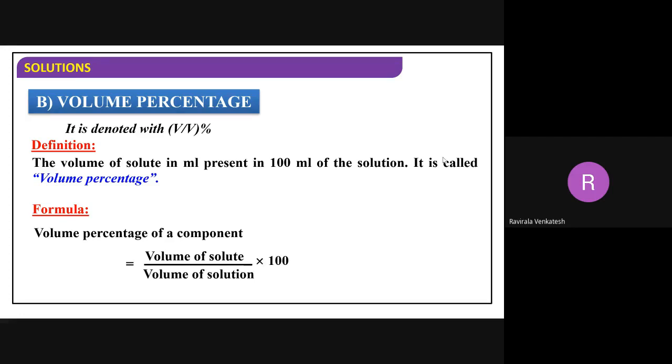Volume of the solute divided by volume of the solution into 100. Understood? In the case of mass, I put volume here. Then, to make the definition, what do you have to do? You have to cancel this, and in its place what do you take? 100 ml. You have to take 100 only to make the definition. It is not compulsory, but you take 100. If the data gives 200, you take 200. If the data gives 250, you take 250 compulsorily. Just to generate a definition and cancel both, I took 100.